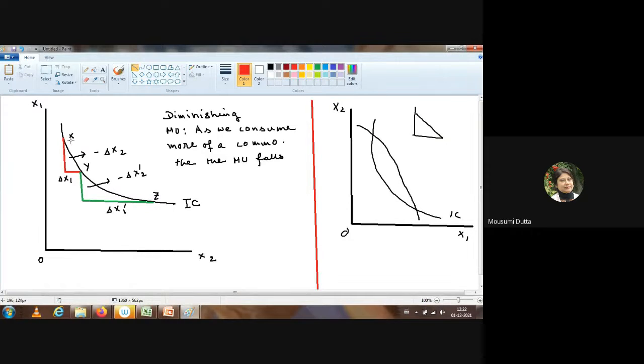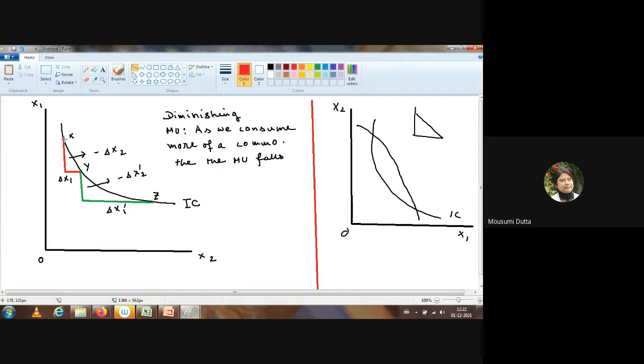I'm considering 3 points along the indifference curve, X, Y, and Z. First, I'm considering a move from X to Y, and then I'll consider a move from Y to Z.